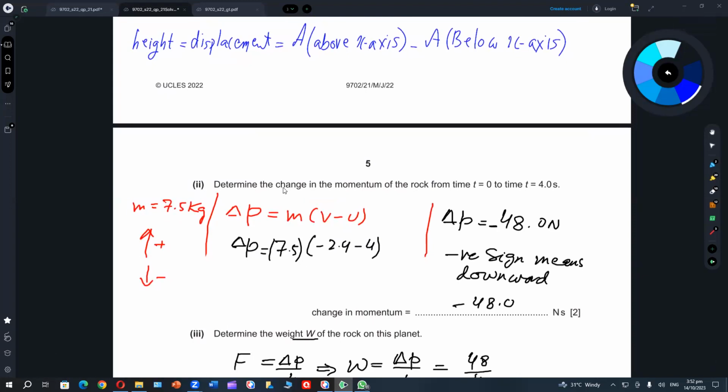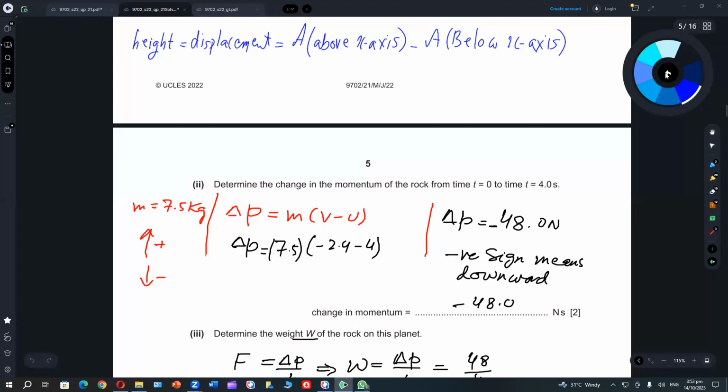I'm getting minus 48. I'm also getting 48, but plus 48.